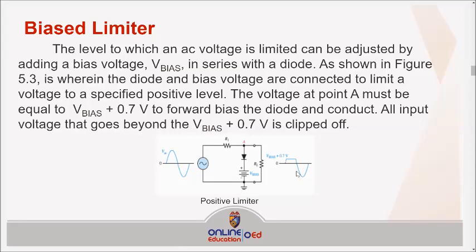Okay? Understood? We have a limit that all the voltage that goes beyond that 0.9 is clipped off. Then below is not clipped off or still connected to the current.